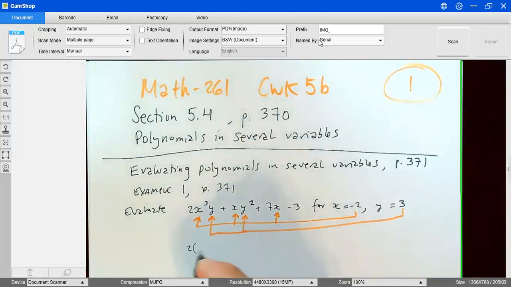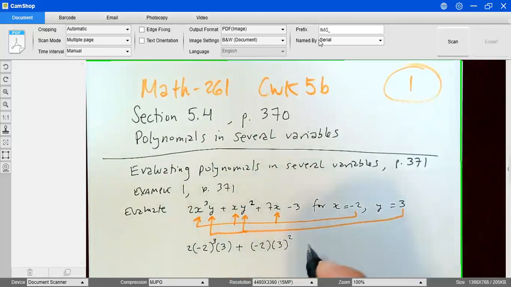So we have 2 times (-2) raised to the third power, times 3, plus (-2) times 3 to the second power, plus 7 times (-2), and finally minus 3.